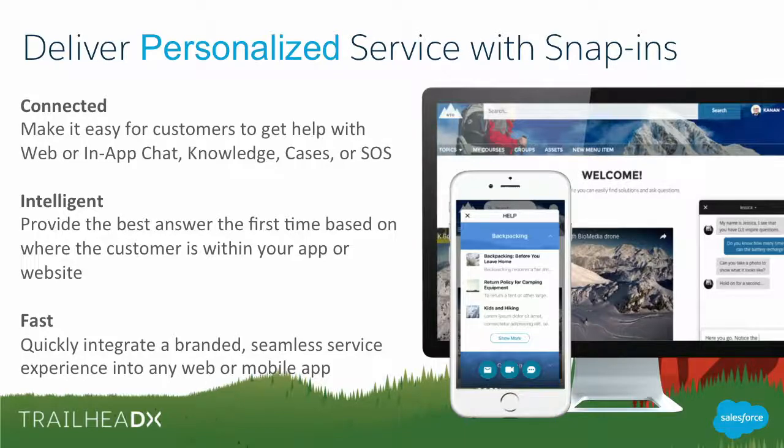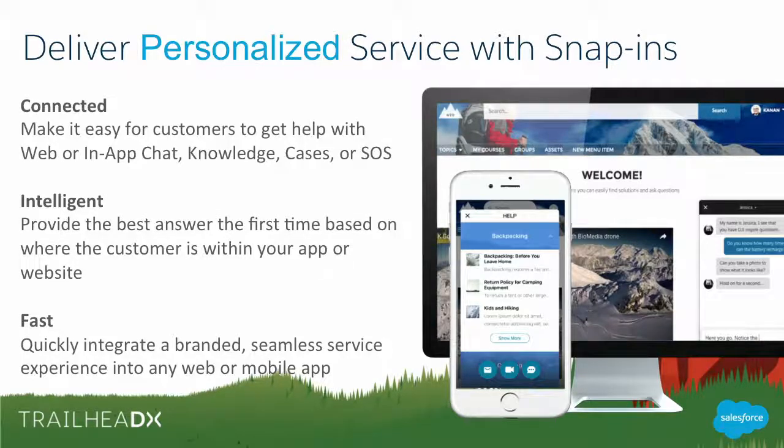So we want to provide intelligent, contextual support where they are, and then fast. Typically, it takes you weeks to set up Service Cloud. We want to cut that time short with SnapIns, and I'll show you in a demo. We really want to make it fast for you to deploy and get to your customers as soon as possible.